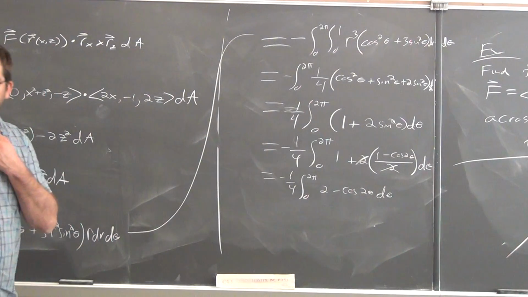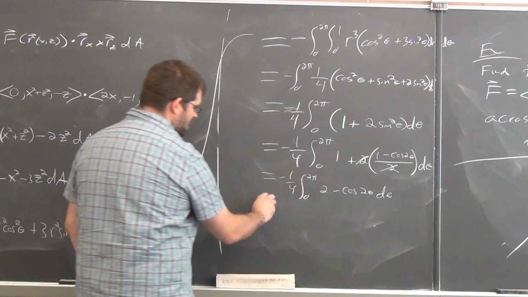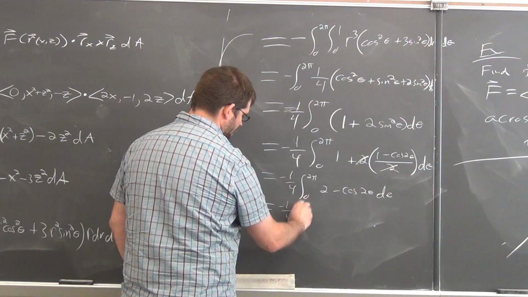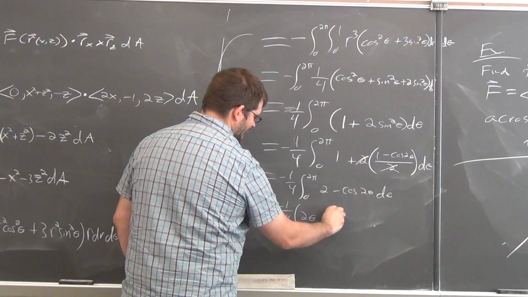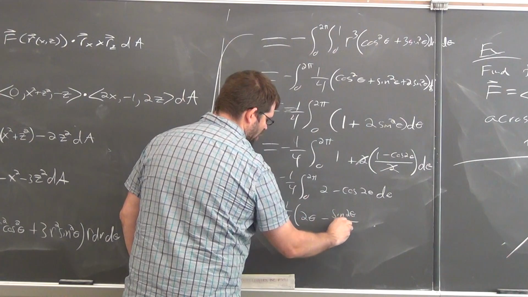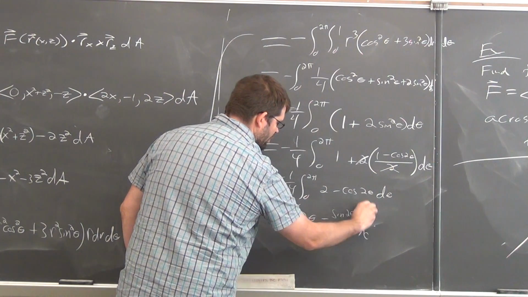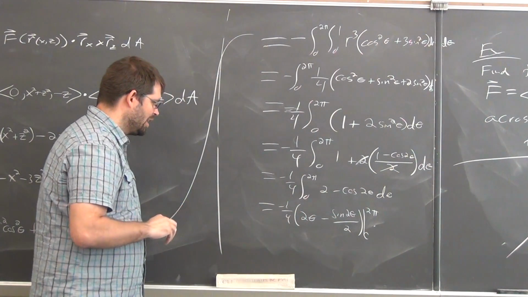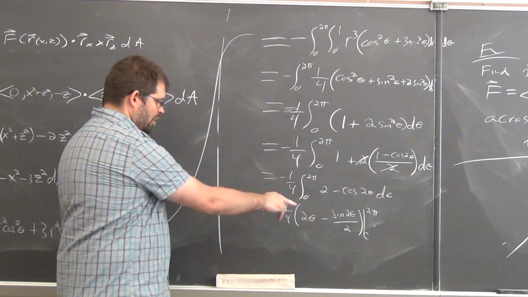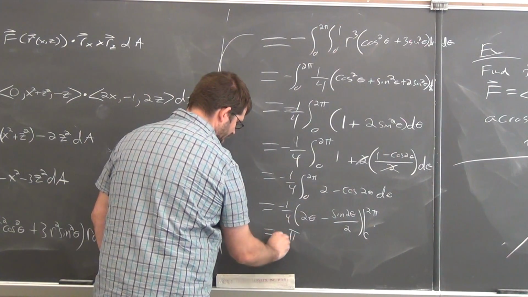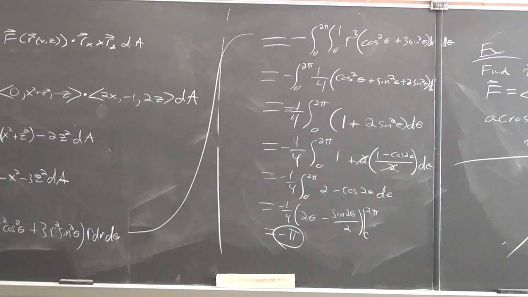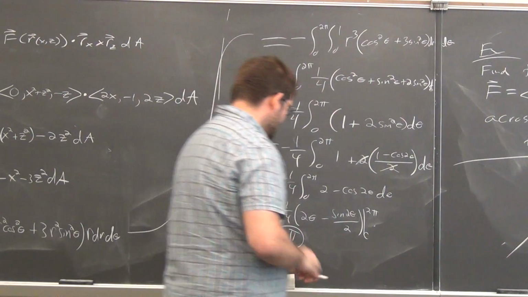Is that okay? And so we end up with negative 1/4 times 2 theta minus sine of 2 theta over 2. The whole sine stuff is just gone, and so we end up with 4 pi there, so there's negative pi for the final. Does that make sense? All right.